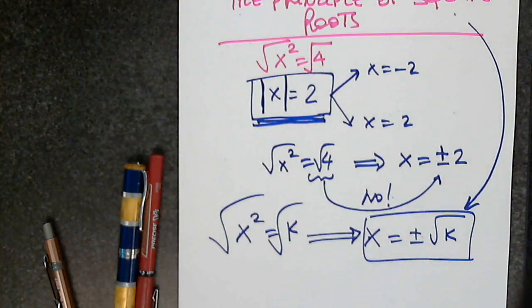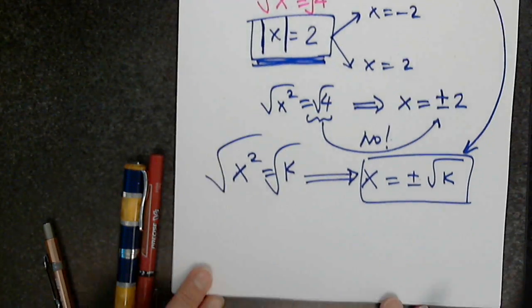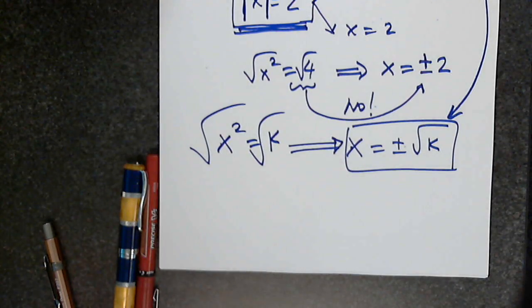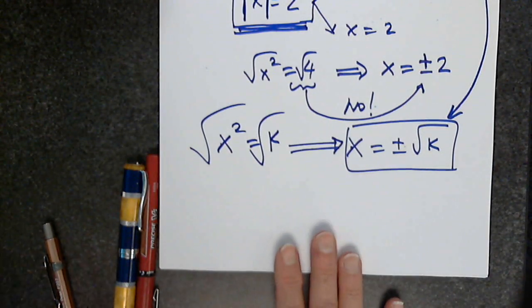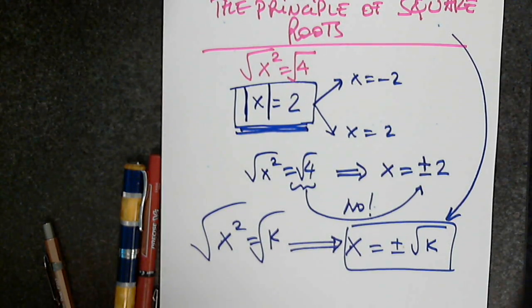However, because we're talking about the length of a side of a triangle, I cannot accept both solutions. Which one will you accept? The one with the plus or the one with the minus?